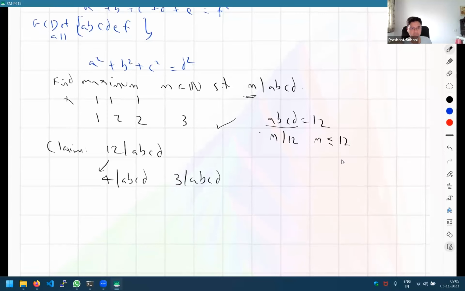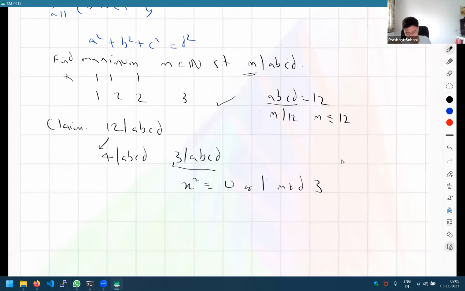And I think that is just modulo 4 and modulo 3 logic will give us that. So for example, for 3 divides ABCD, again, we know that any perfect square is congruent to 0 or 1 modulo 3, right? So the only possibility is if all of them, ABCD, are not divisible by 3.